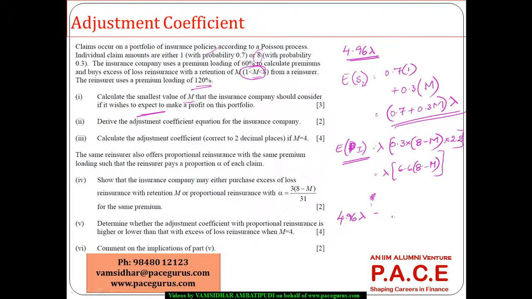Out of it, it pays a reinsurance premium of 6.6 lambda times 8 minus M, and along with that it has to do a claim settlement of 0.7 plus 0.3 M, times lambda. So this entire thing should become 0, and I can eliminate the lambda for simplicity. So it becomes 4.96 minus 6.6 times 8.